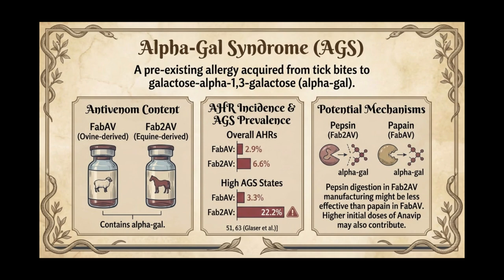The manufacturing process of Fab2AV involves pepsin digestion, which might not break down the alpha-gal oligosaccharide, potentially contributing to a higher reactivity. Additionally, higher initial doses of the medication, such as 10 vials for Fab2AV compared to 4 to 6 vials for FabAV, may also increase the incidence of allergic reactions, especially in regions with a higher prevalence of alpha-gal syndrome.